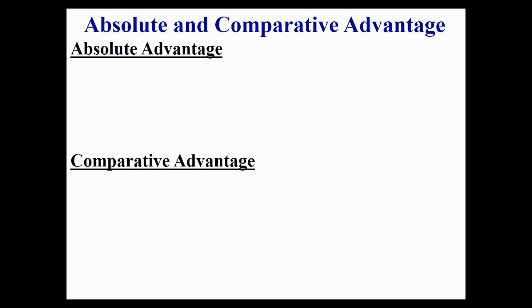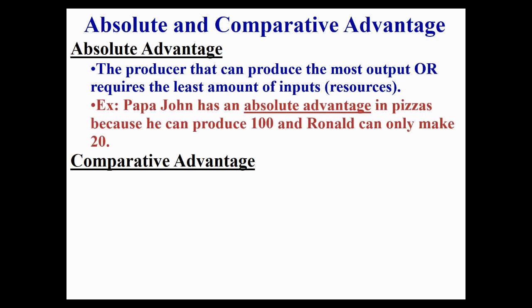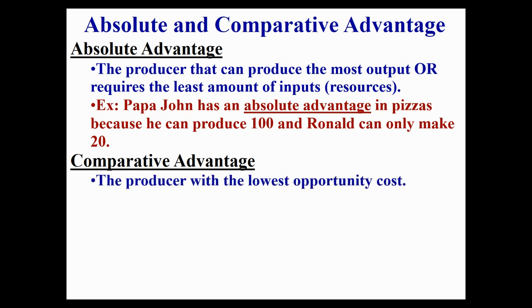So once again, if we wanted to define these, absolute advantage is the producer who can produce the most output or requires the least amount of inputs. They make the most. So we said before, Papa John's had absolute advantage in pizzas because he can produce 100 to Ronald McDonald's 20. But neither one of them had absolute advantage in burgers because they both produce 200. But then we look at comparative advantage.